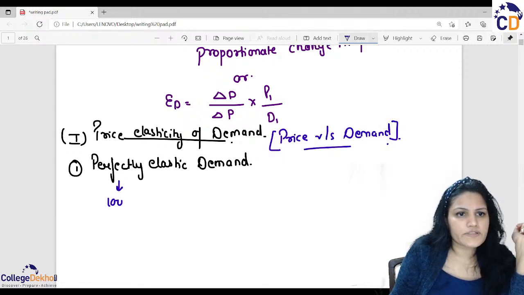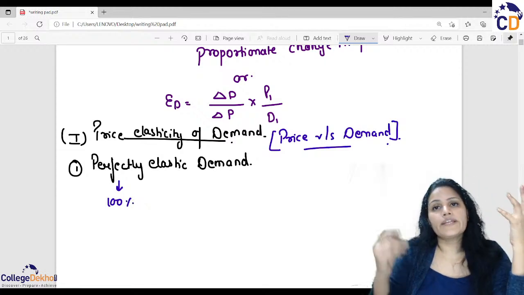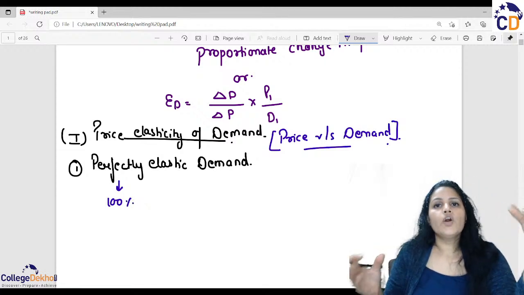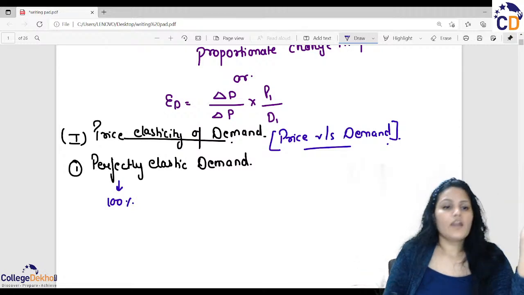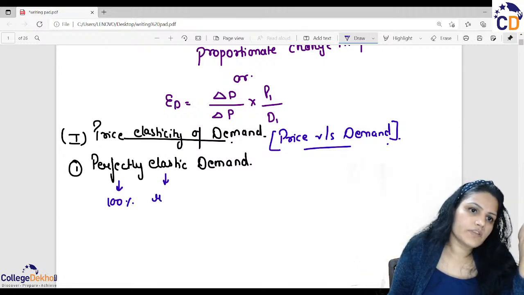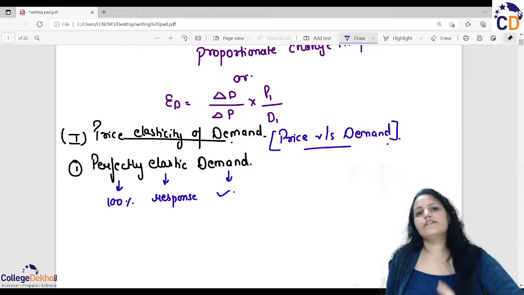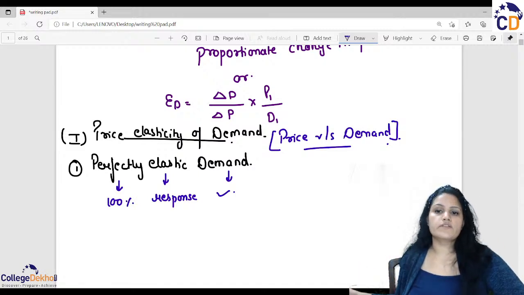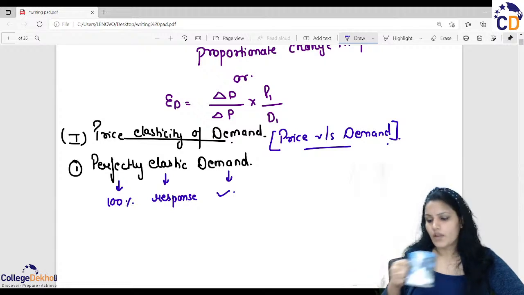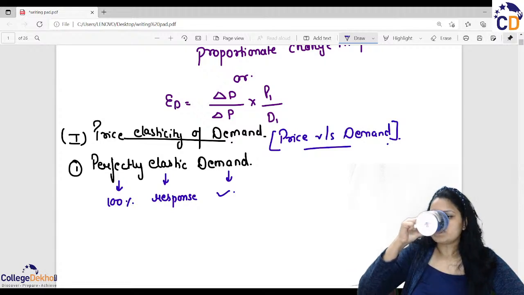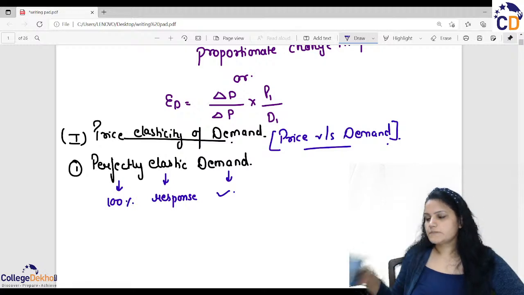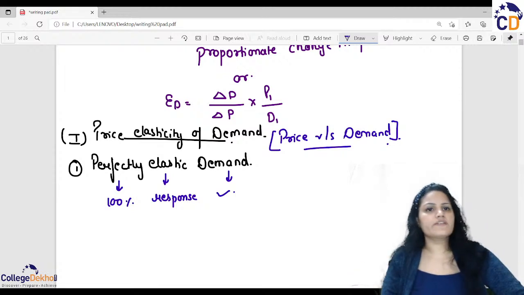Perfectly means 100%, a thing in which there is nothing we can point out. Elastic means response towards the demand. That is 100% response towards the demand.